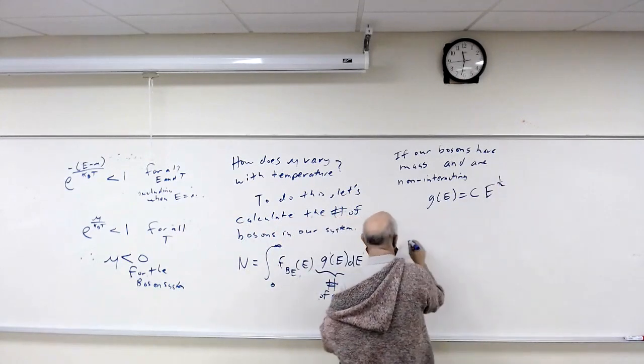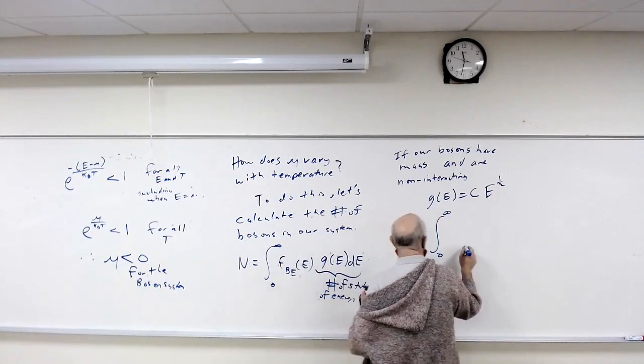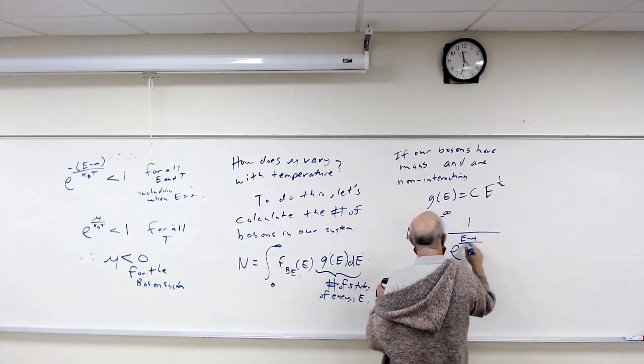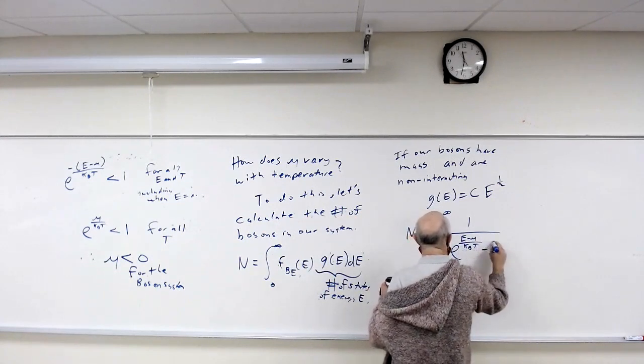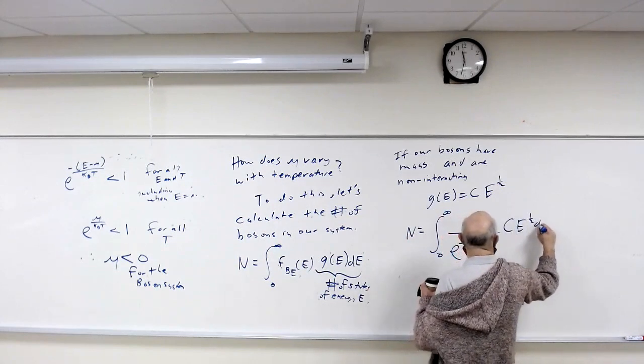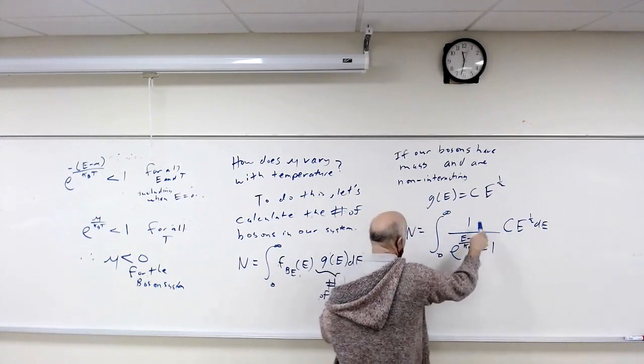So we can put this all in here. So N equals this integral from 0 to infinity of 1 over e to the (E minus mu) over kT, minus 1, times C E to the 1/2 dE. What I'm going to do is take the C to the other side and rewrite this.